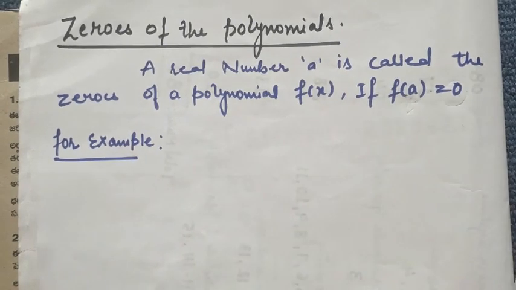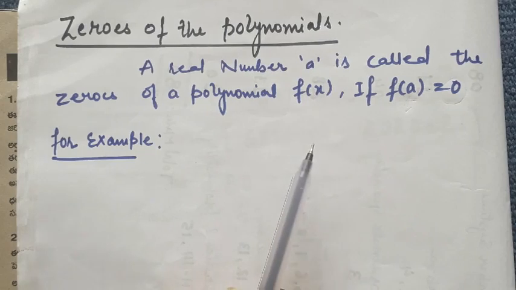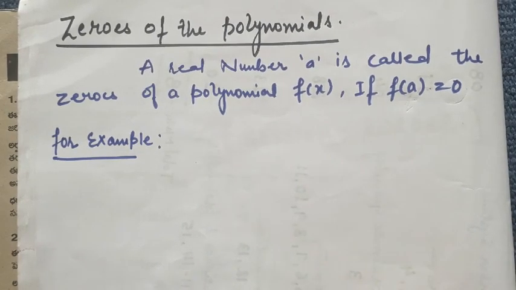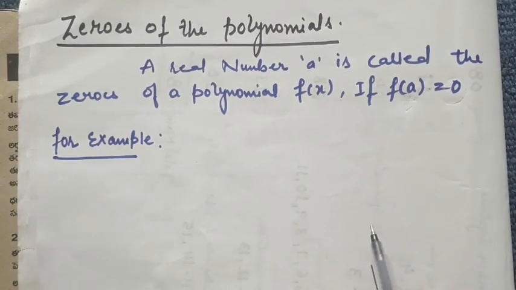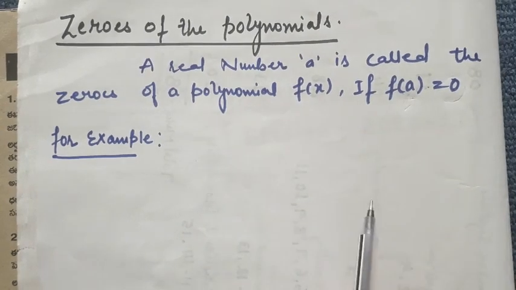Always remember one thing: a polynomial can have a maximum number of zeros equal to, or less than or equal to, its degree. That means a quadratic polynomial can have a maximum of 2 zeros.